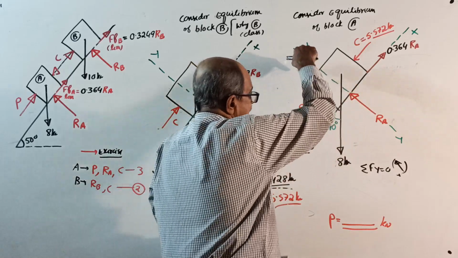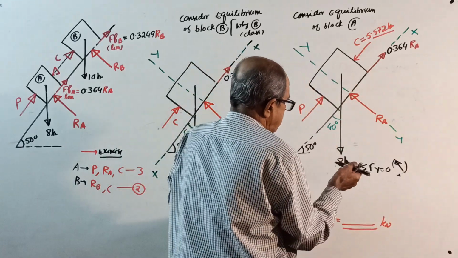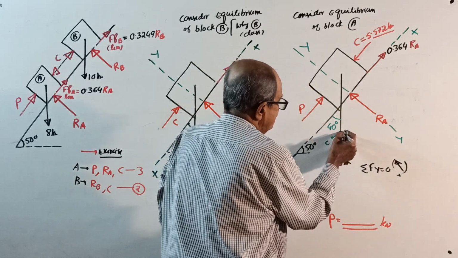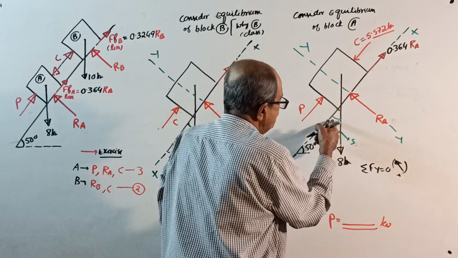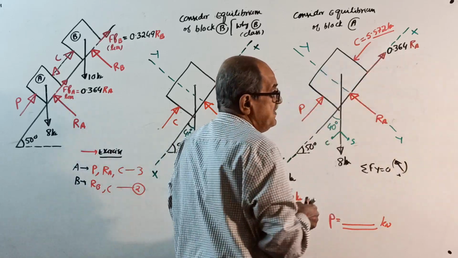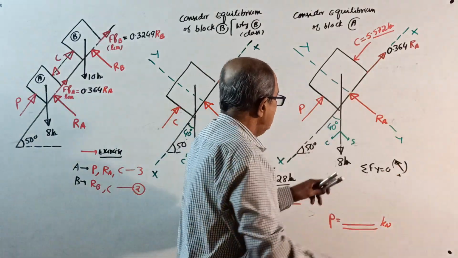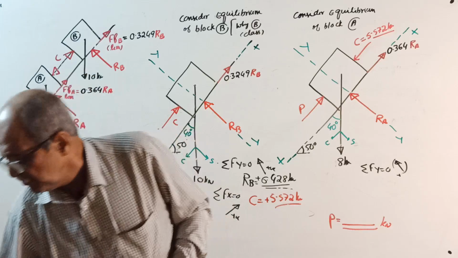Plus RA minus, see, component if you want. This way component cos, this way component sine with respect to this angle, because why? Angle with XX. So plus RA minus 8 sine 40 equal to 0.